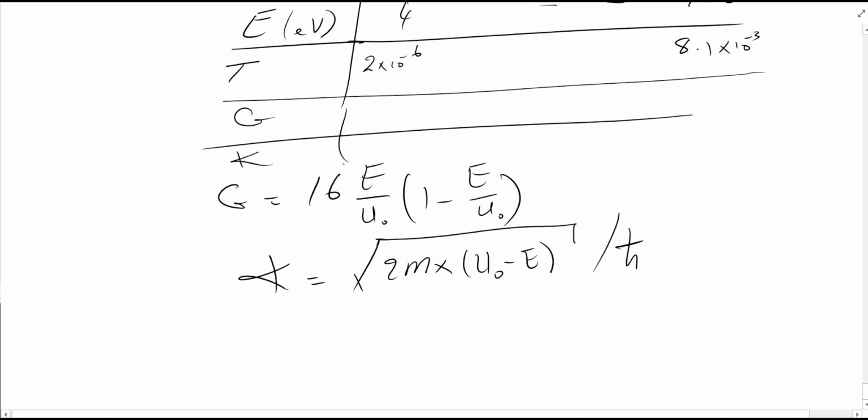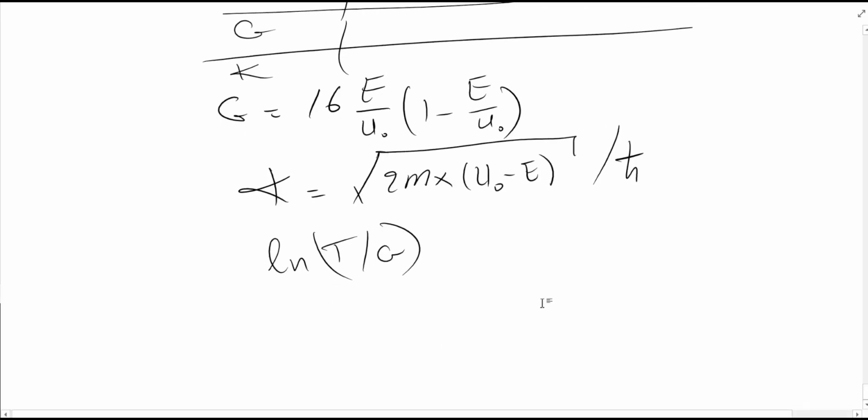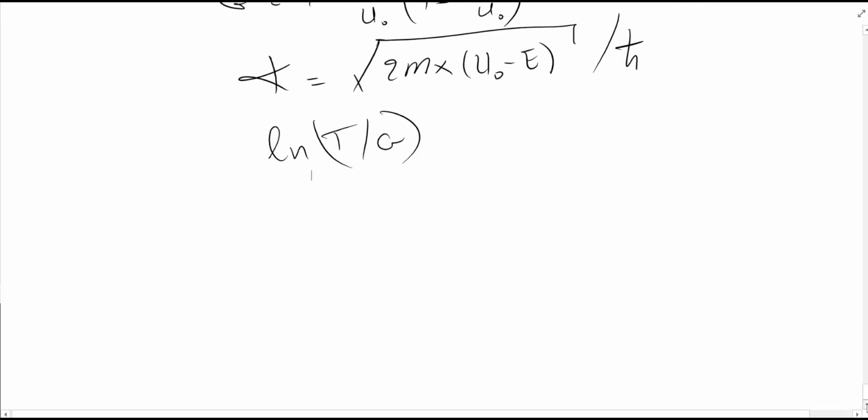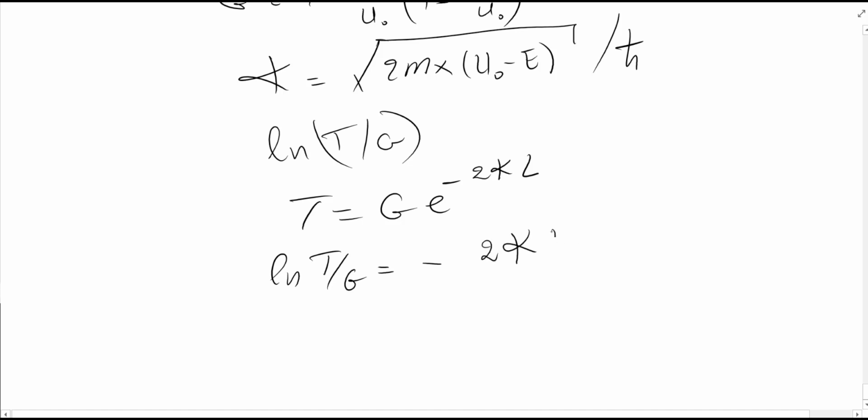And finally, graph ln of T over G versus kappa, and explain why your data plotted this way fall on a straight line. We know that T is equal to G times the exponential of minus 2 kappa L. So if I take the ln of T over G, this simply becomes minus 2 kappa L.